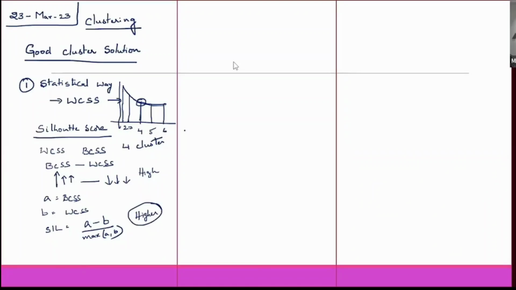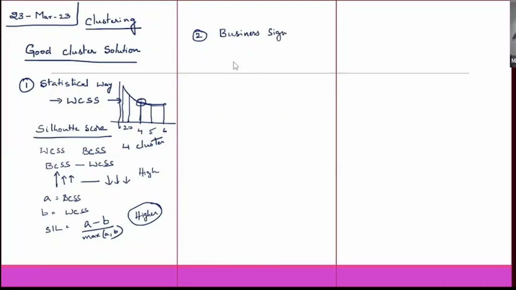So these are the two most commonly used statistical approaches to finalize the number of clusters that we would like to have. Whereas the second approach is from a business significance perspective.